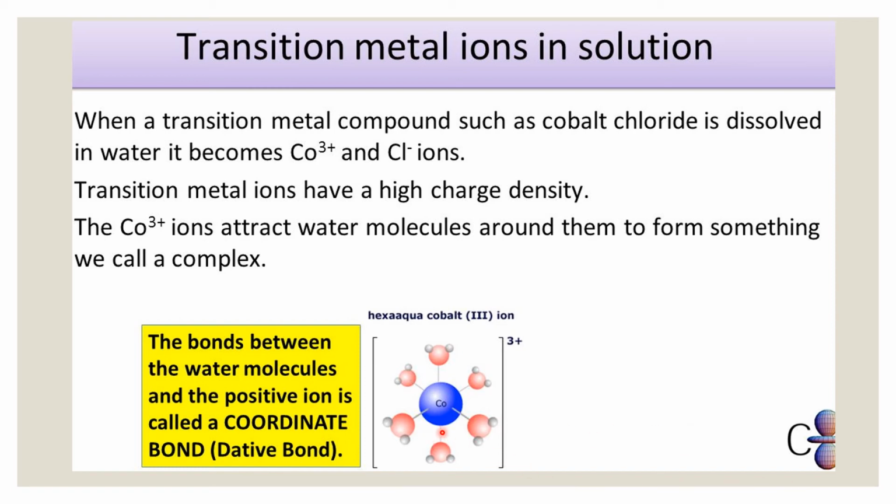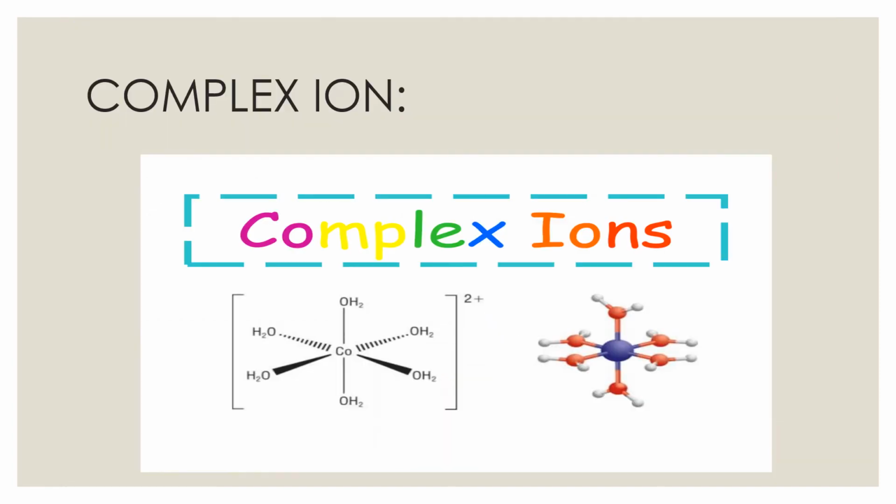Here you can see cobalt. The bonds between the water molecules and the positive ion are called coordinate bonds, that is, dative bonds. You can see the complex ion. This is the complex ion.